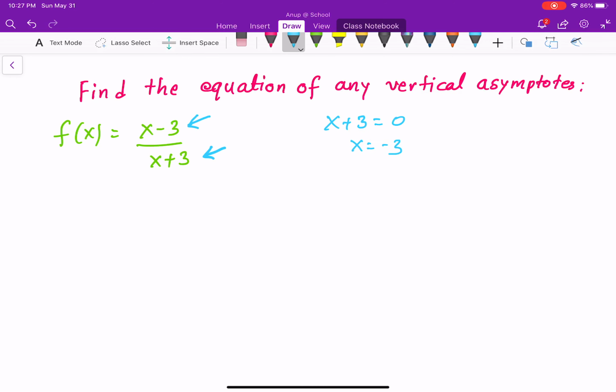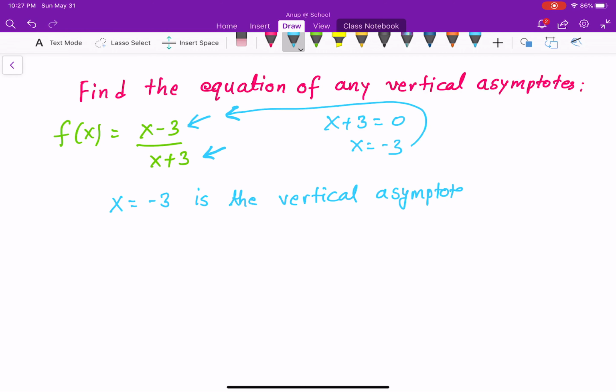But if you plug that number into the numerator, you can see that the numerator is actually not equal to 0. So in that case, they don't have any real zero in common. So if that is the case, then we can clearly say that x equal to minus 3 is the vertical asymptote for this problem. Very easy, right, in this case?